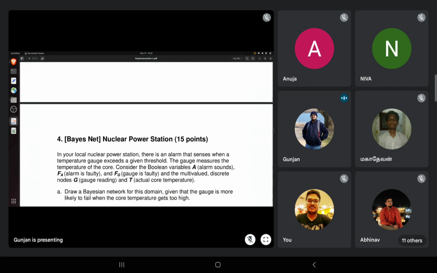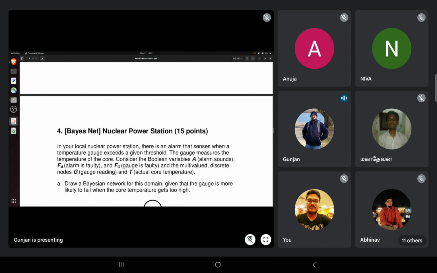This is a statement that you know, and FG is gauge is faulty. So the gauge reading will depend on both these inputs, right?